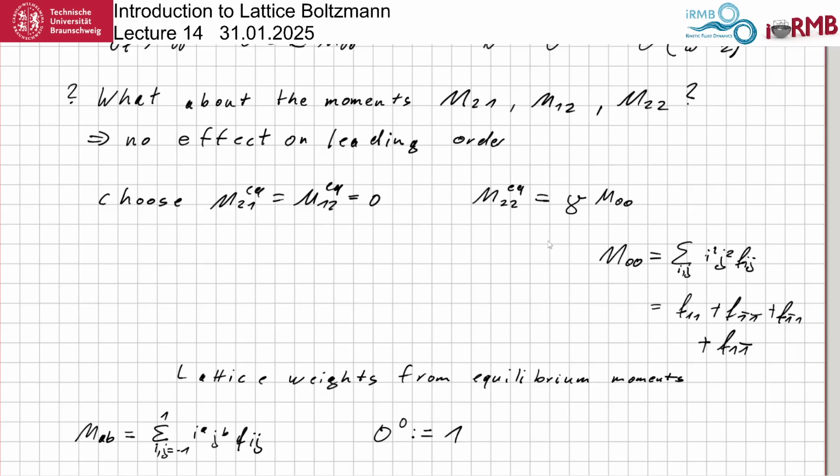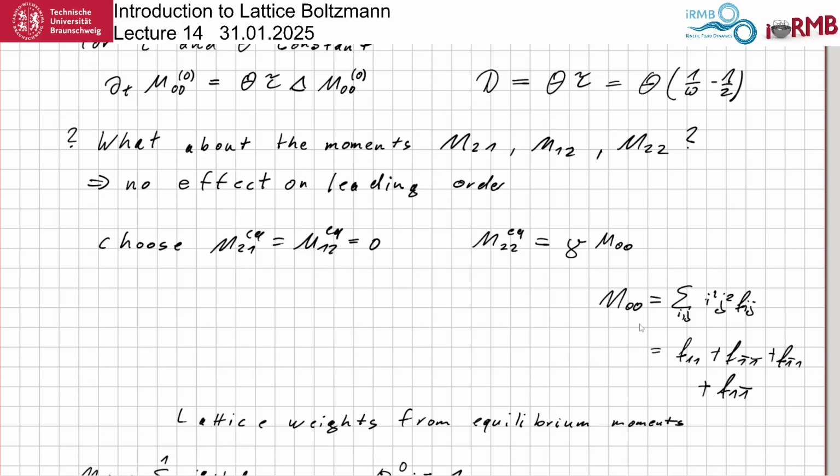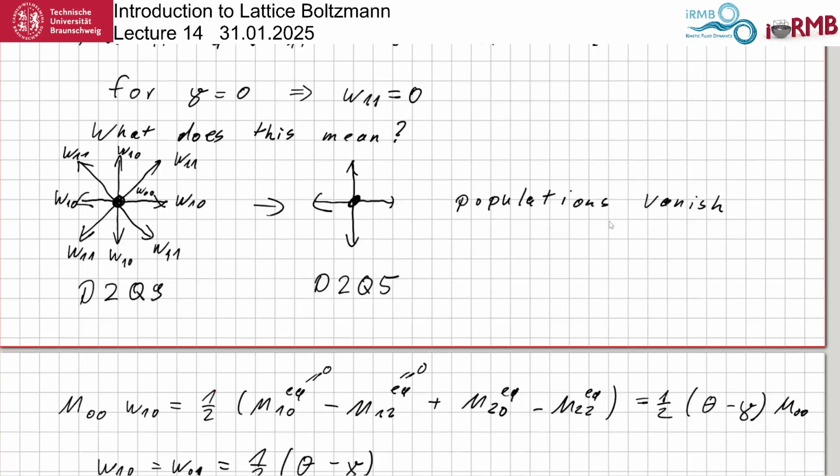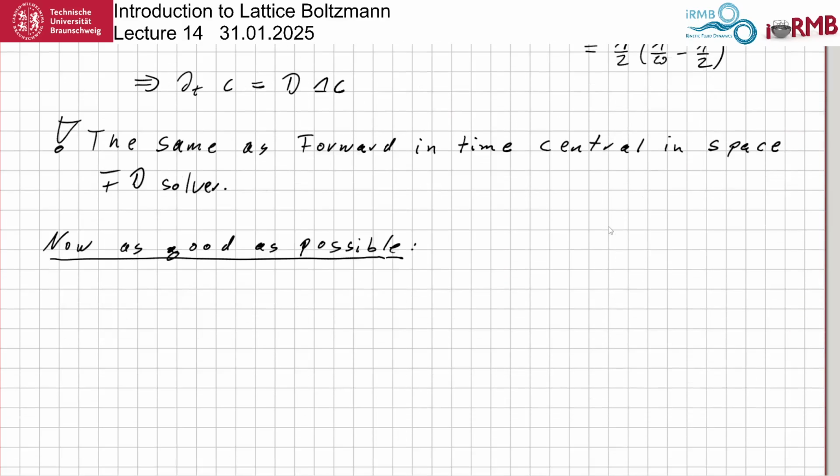And in addition to this, if you also put theta equal to 1/2, you have a D2Q4. Because you eliminated your degrees of freedom, they are no longer there. But the D2Q5 would be more complete, right? Because we are not assuming that gamma is going to be 0. So if we do not do this, we still have more moments. Okay. So now, because the task was to do it as simple as possible, now we do it.